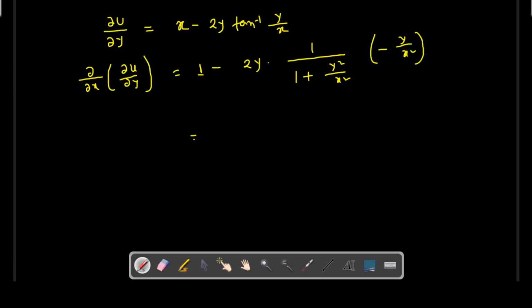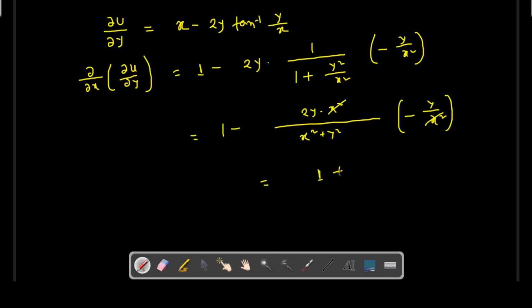So it will be finally 1 minus, if we take here, so here will be x square plus y square and 2y into x square into minus y by x square. Again this x square and x square will cancel out, so it will be 1 plus 2y square divided by x square plus y square.